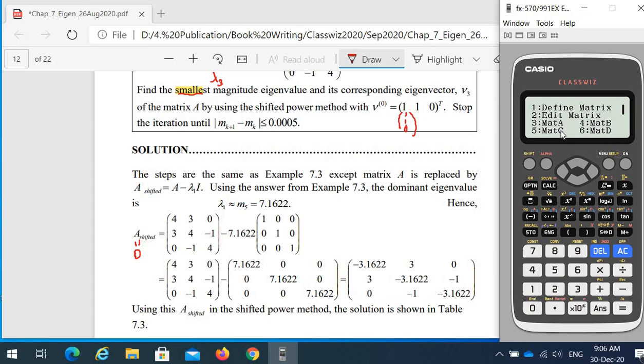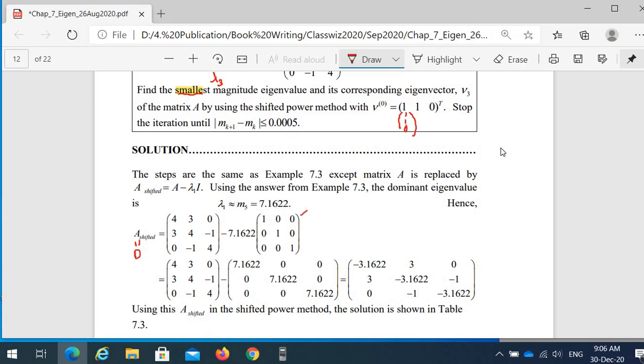The identity matrix is stored in C. So matrix A minus 7.1622 times matrix C. You get your shifted matrix. This shifted matrix I'm going to keep in matrix T.